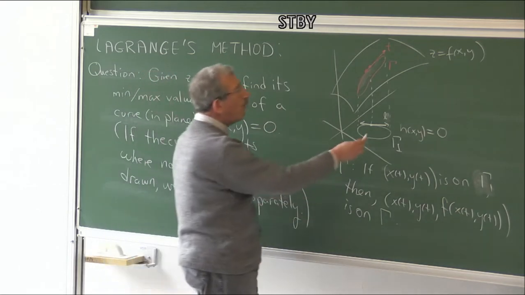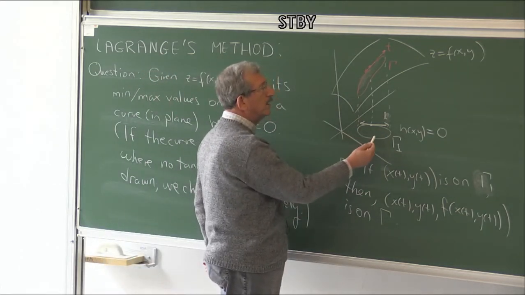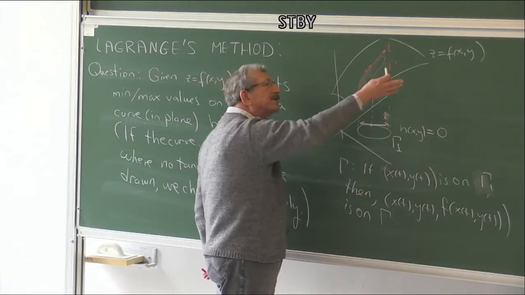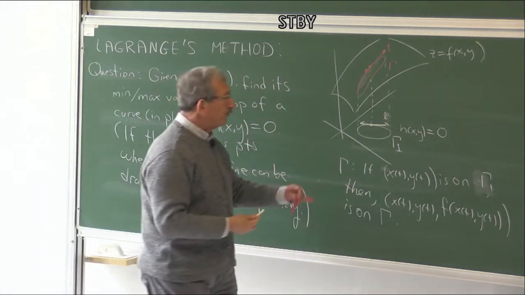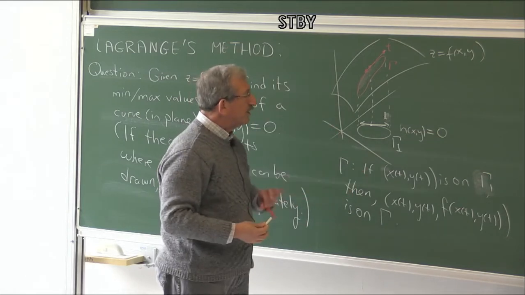So if I take a point on the curve at the bottom and put it in the function, I get the z coordinate, but the x y coordinates are the same. So okay, this is the basic relation.